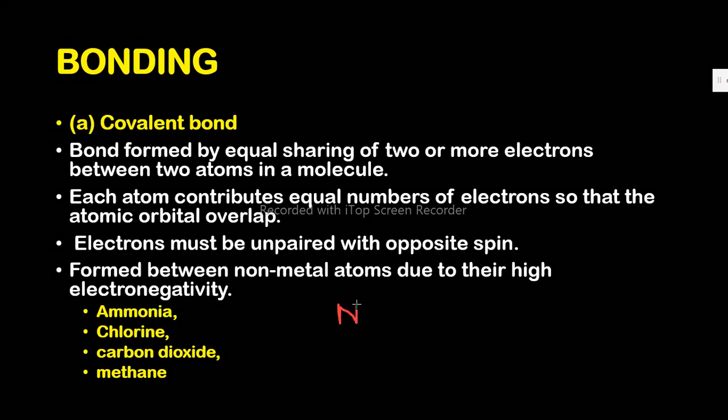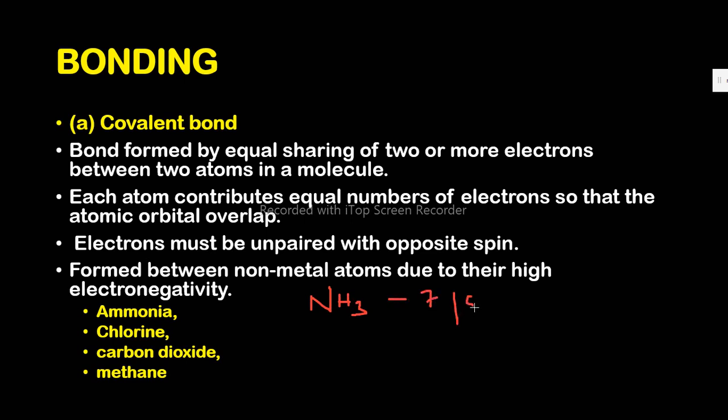What is the atomic number of nitrogen, for instance? Nitrogen is 7, so 2, 5. So it has 5 electrons in the outermost shell. Now let's use what we know. This is ammonia.